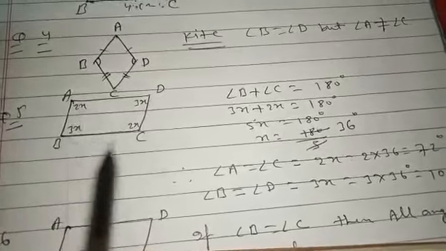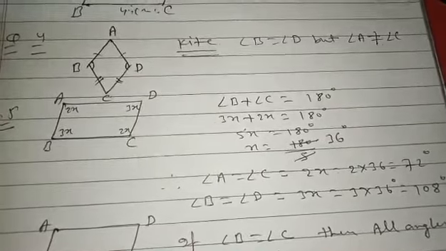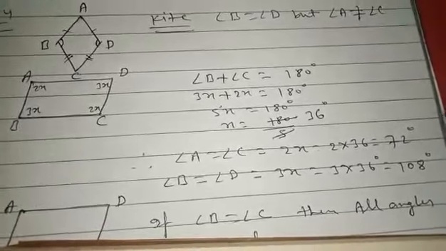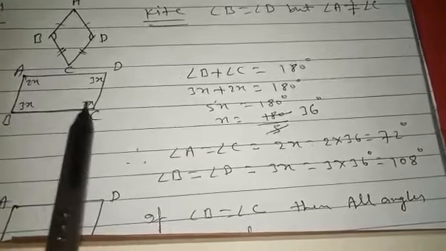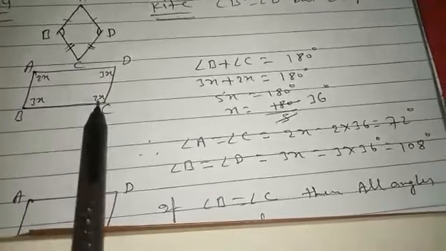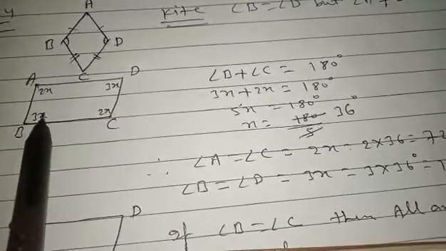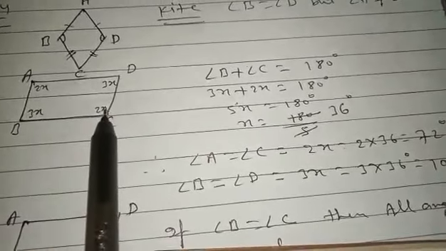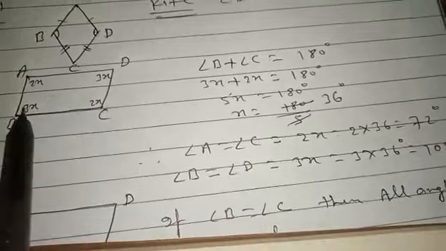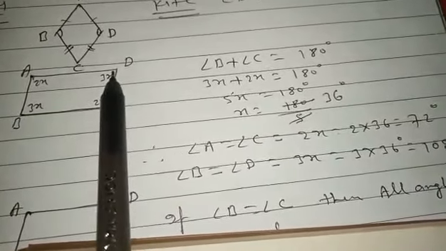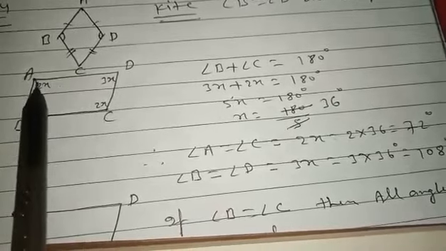ABCD is a parallelogram in which the ratio of two angles are given. When angles are given in ratio, then you will let angle B 3x and angle C is 2x. And we know that their opposite angles are also equal. So angle D will be 3x and angle A will be 2x.